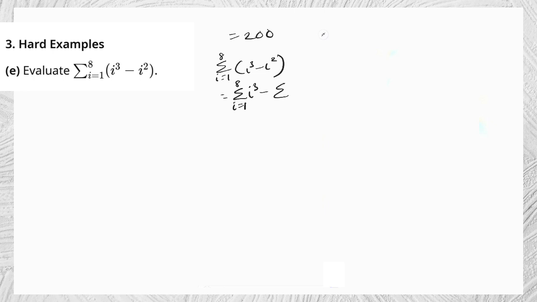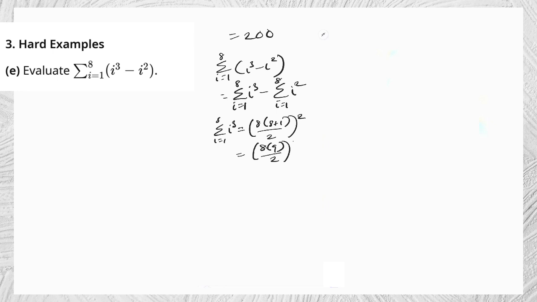Once you split it, you're going to have the sum of i cubed, where i equals 1 up to 8, minus the sum of i squared, where i equals 1 up to 8. And when you put it that way, we can start applying some of the properties we mentioned earlier. We know that the sum of i cubed will give you n times n plus 1 divided by 2, squared.